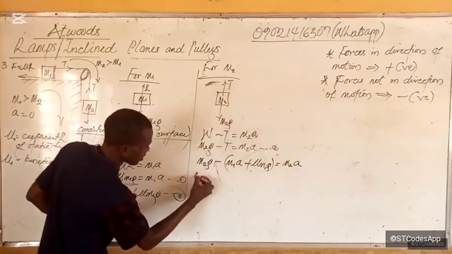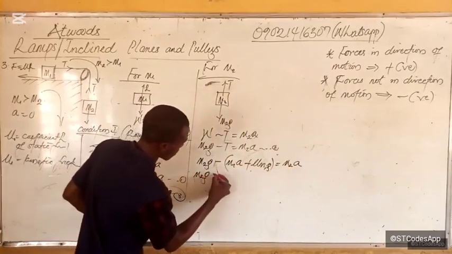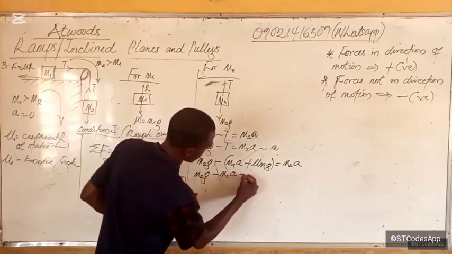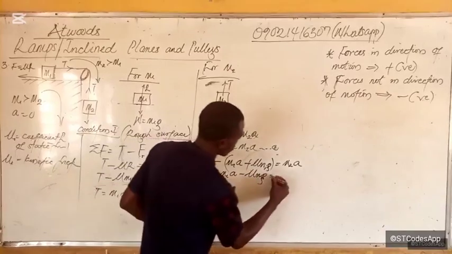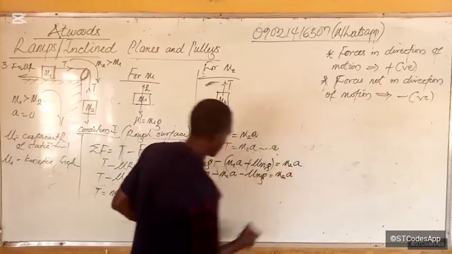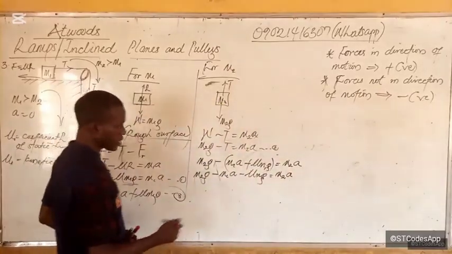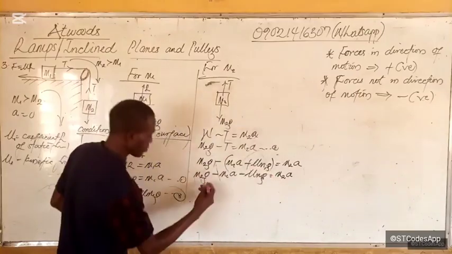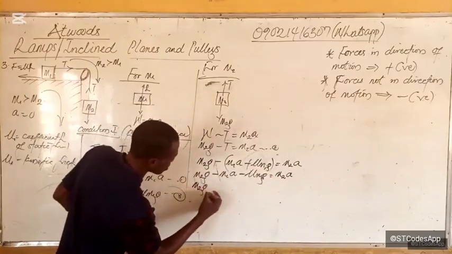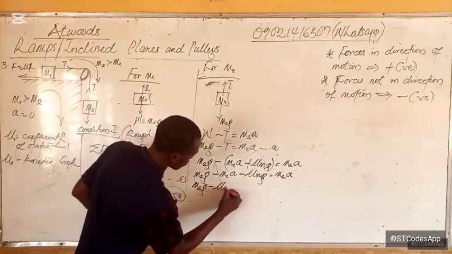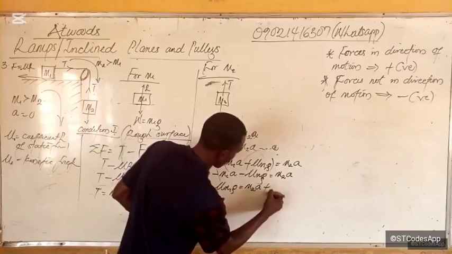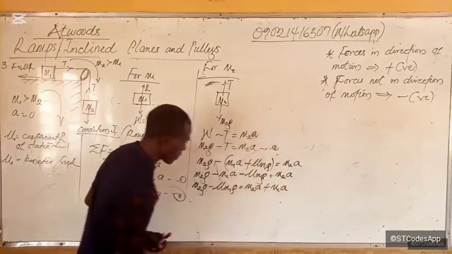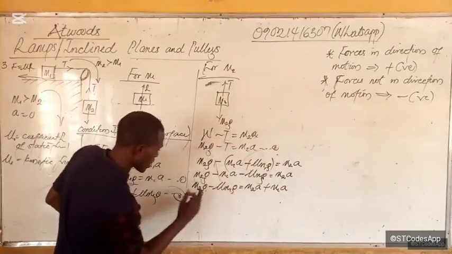So what you now have here will be M2G, you open the bracket, minus M1A minus mu M1G is equal to M2A. So from here, we can collect like terms, so that we have M2G minus mu M1G is equal to M2A plus M1A. What is common? A is common here, and G is also common here.